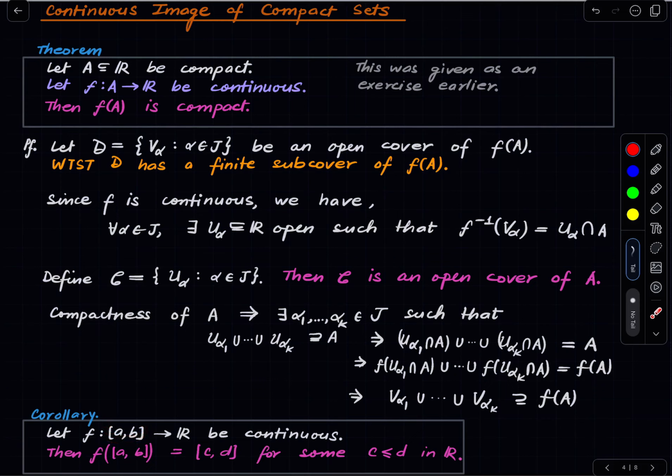That's by the intermediate value property. And second, since this is compact, the image is also compact. But the only compact intervals are closed and bounded intervals. So the image of [a, b] under f looks like [c, d] for some c and d in R. So this is what we need to take away from here.